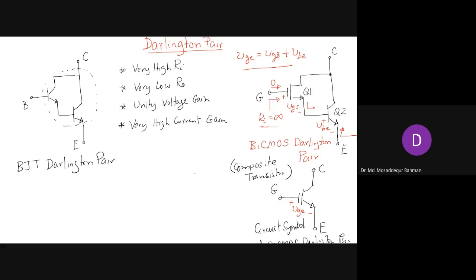Okay, so let's say the resistance here, we call it R naught prime. So we can write R naught is equal to small RD2 plus R naught prime divided by beta plus 1.